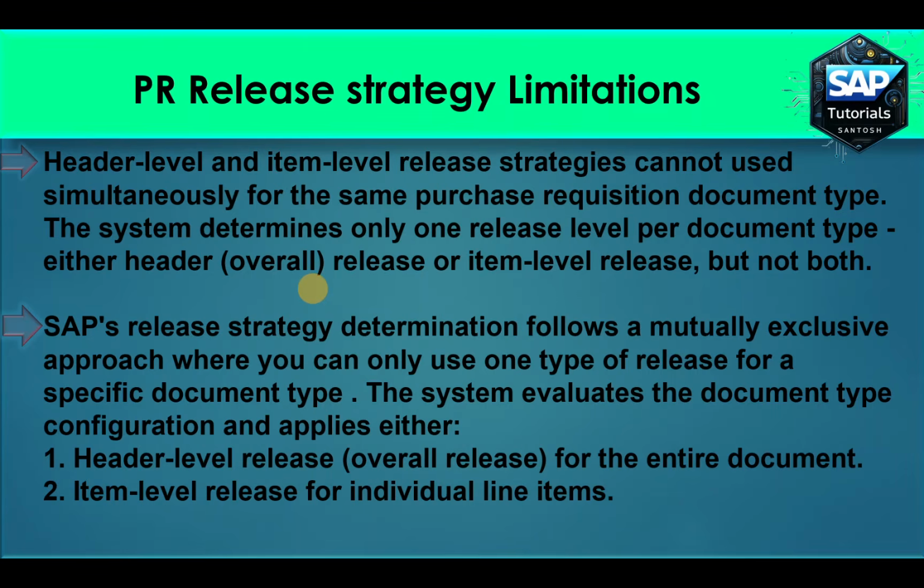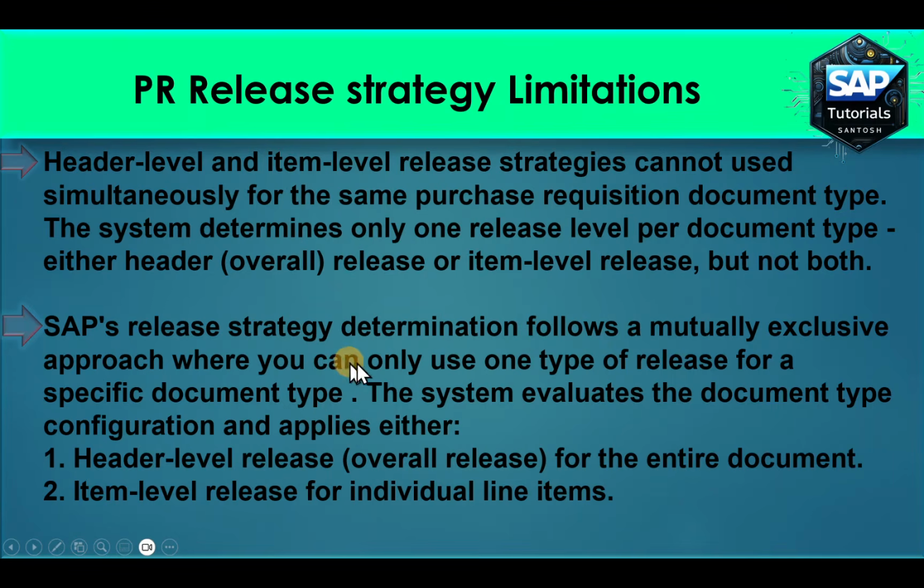That is the limitation. The same document type cannot have both release strategies, and the system determines only one release strategy level per document type, either header or item, but not both.